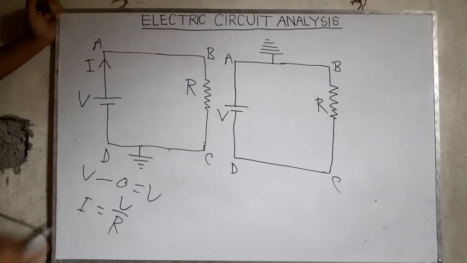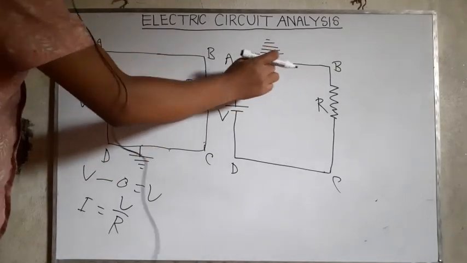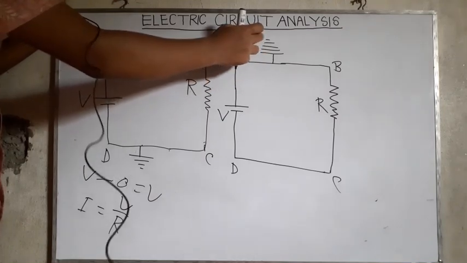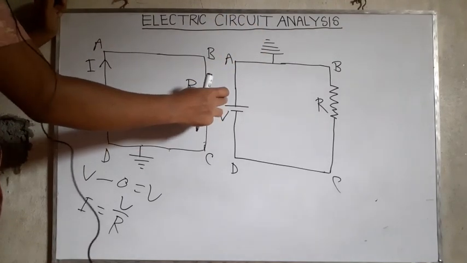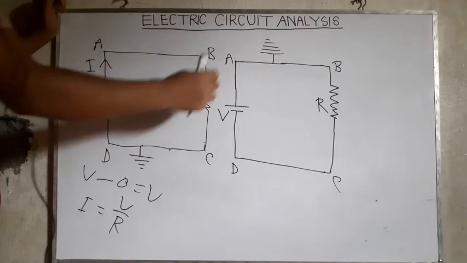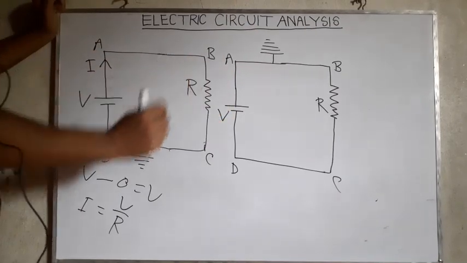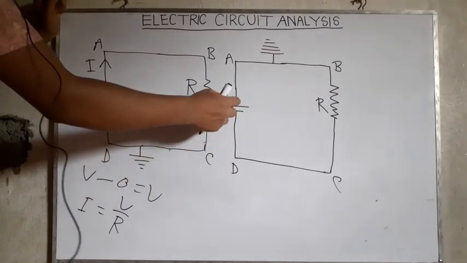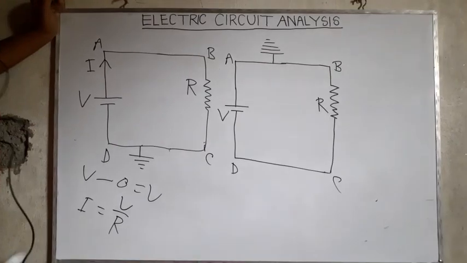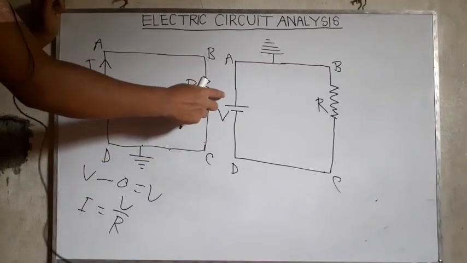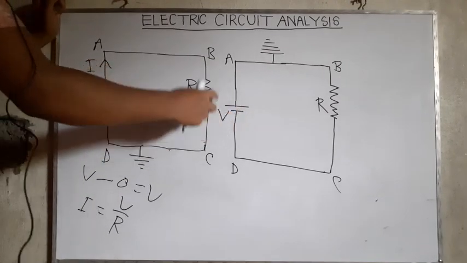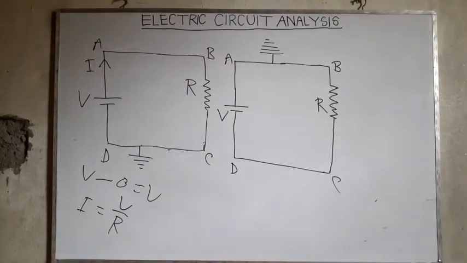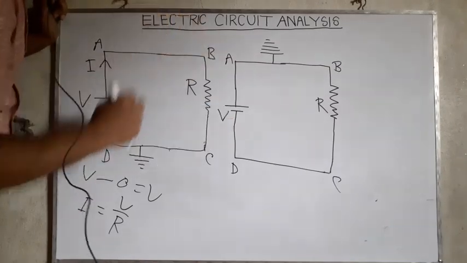In the second circuit, here the AB part is connected with the ground, therefore this part is at 0 potential, that is, the higher potential is at 0 volt. As the voltage of the electric cell is V volt, the lower terminal of the cell must be minus V. Here the higher potential is at 0, and as the potential difference is V, the negative or lower terminal of the cell will be minus V volt.